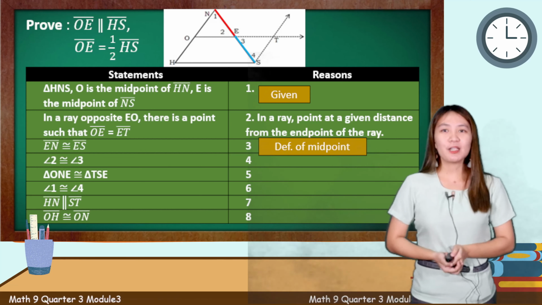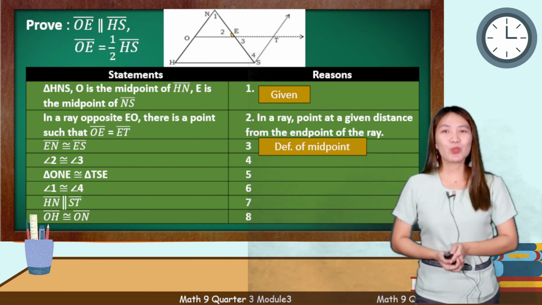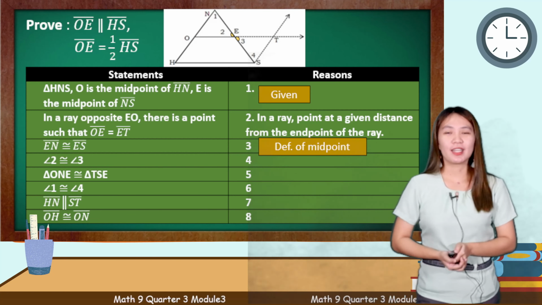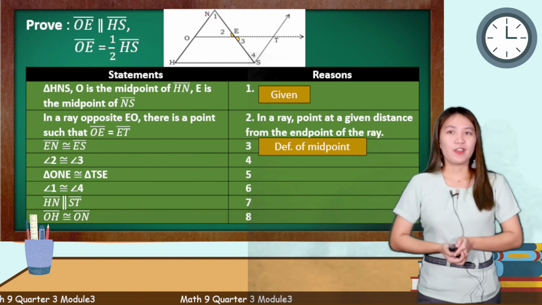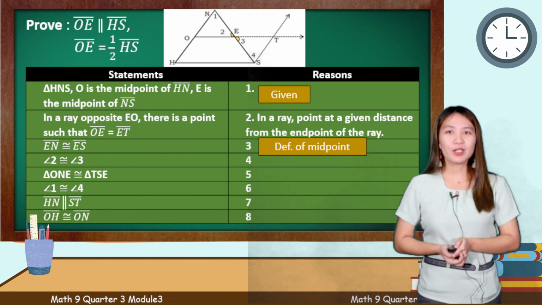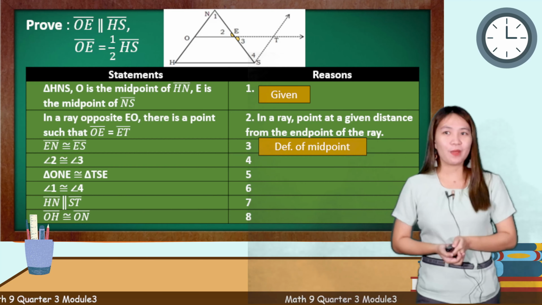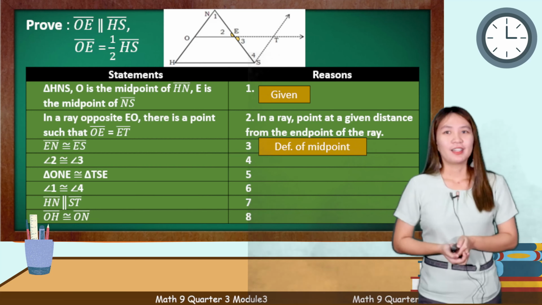Next, statement number 4. Angle 2 is congruent to angle 3. So what can you observe in the figure? And what is the reason behind that statement? That is right.